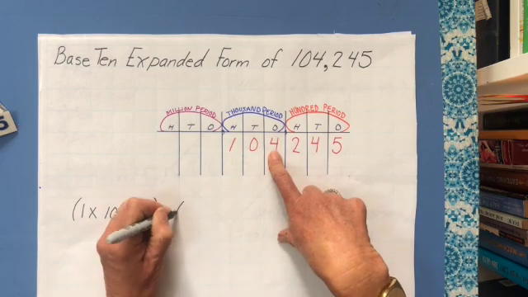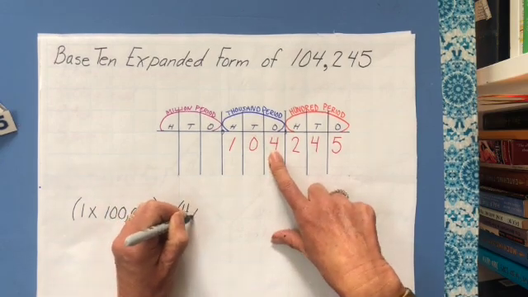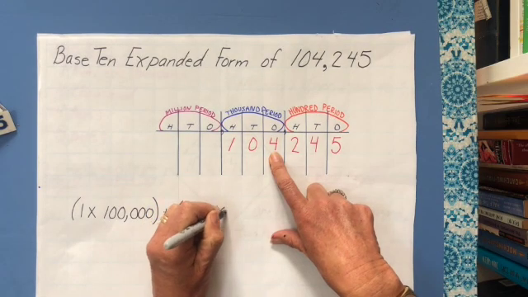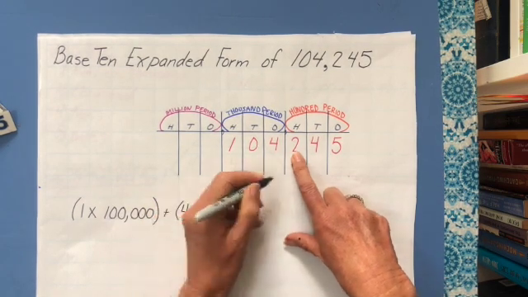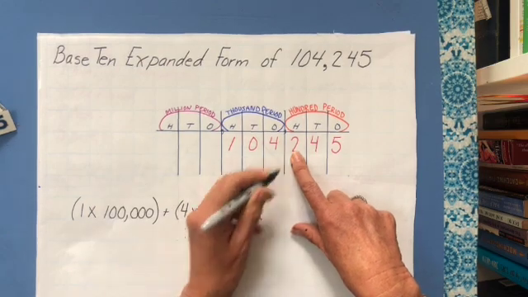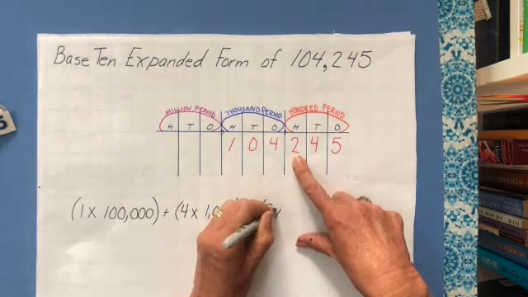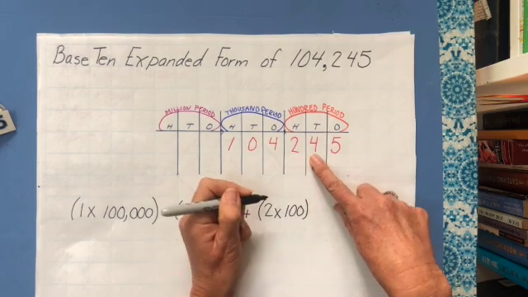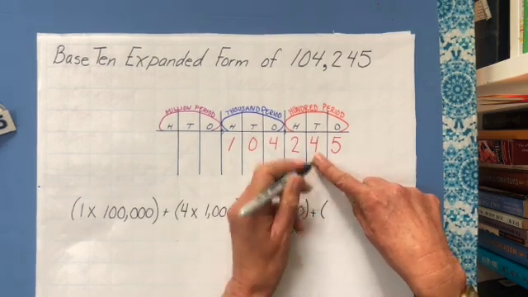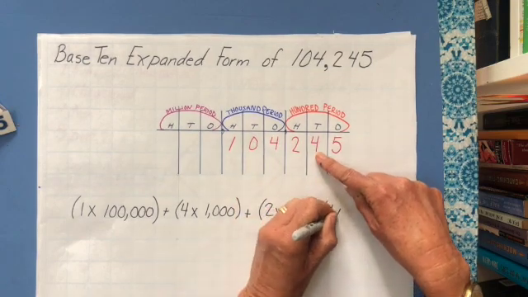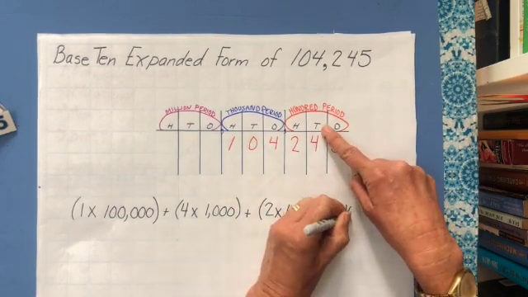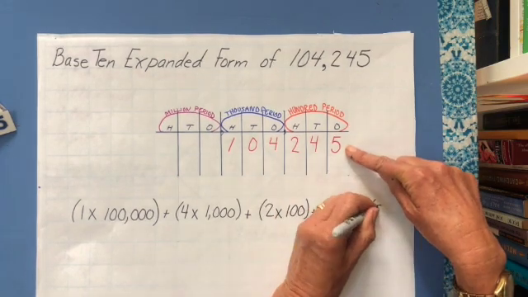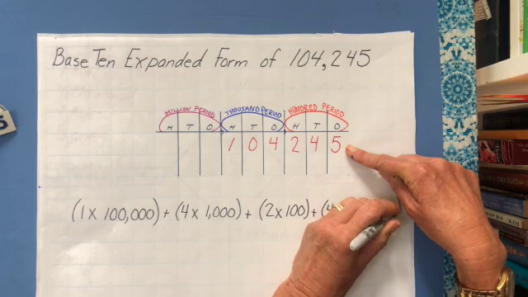So I'm going to go to 4. 4 groups of thousands. So I just look at my place value chart. Plus, this is 2 groups of hundreds. Then I put a plus. This 4 is 4 groups of 10. And then the last one, this 5 is 5 groups of 1.